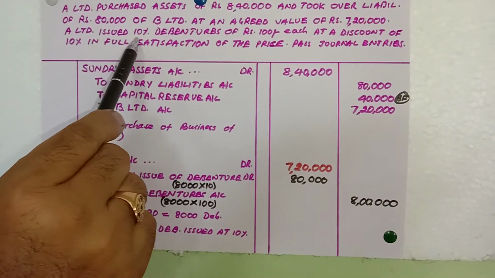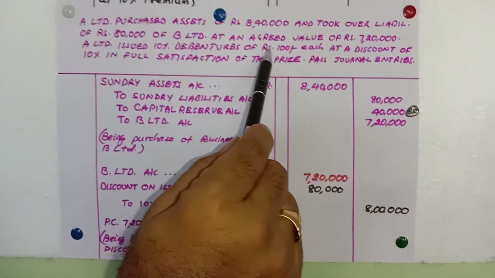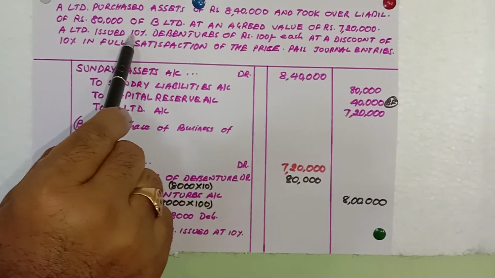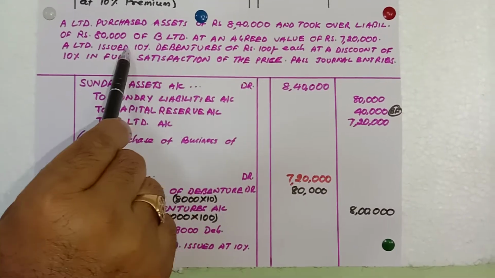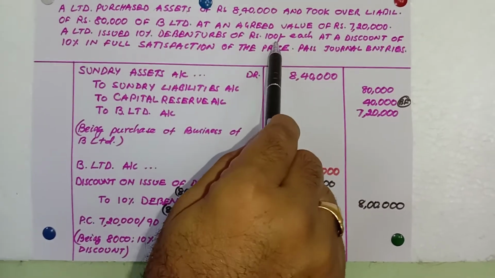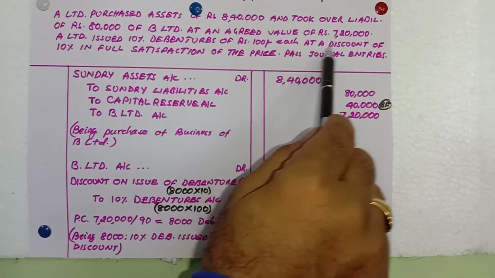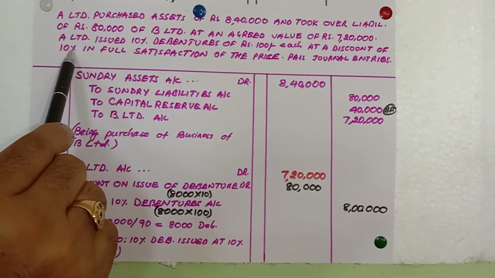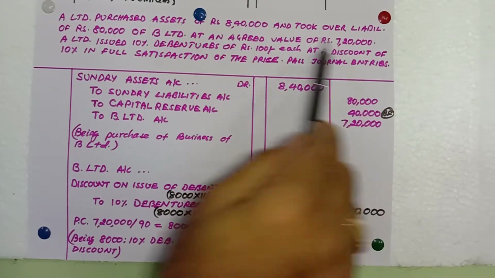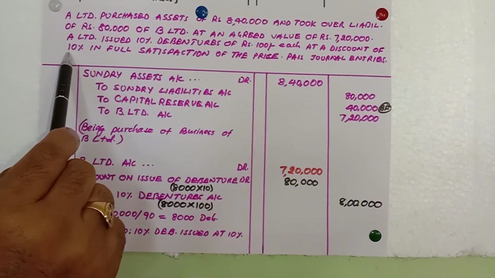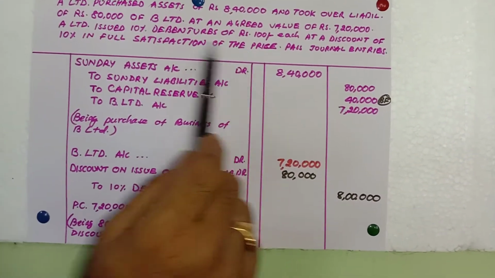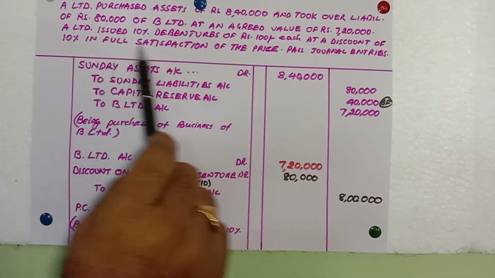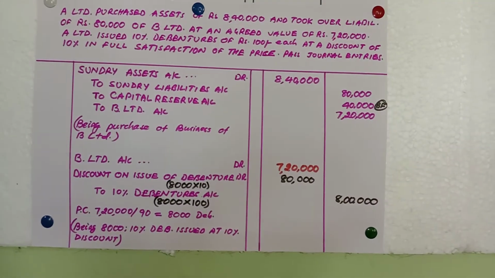A Limited issued 10% debentures of 100 rupees each. Here the debenture interest rate is 10%, so prefixing 10%, and 100 rupees each debenture at a discount of 10%. So the discount value is 10 rupees out of 100, in full and final satisfaction of the price. That means purchase consideration is 7,20,000.